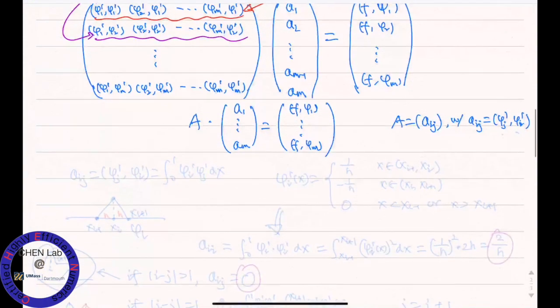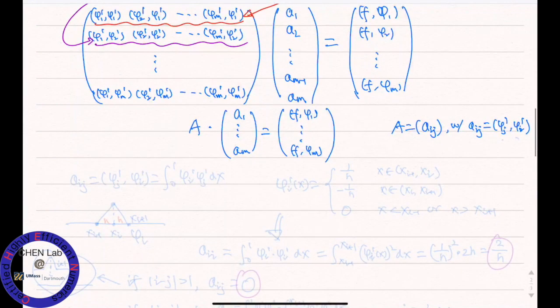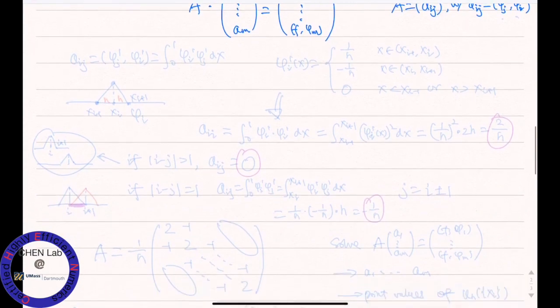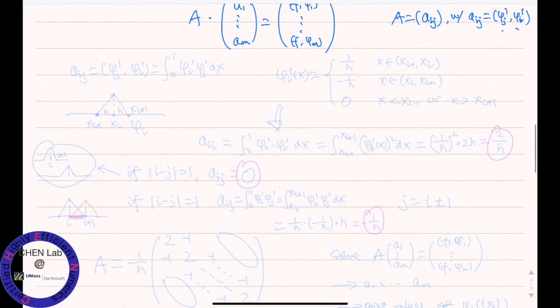In the ith row, the first row, they all have phi 1 prime as the second component of this integral, so it's phi_i prime in the back, and then phi_j prime as the first. Okay? And let's try to compute this matrix and see what it is.